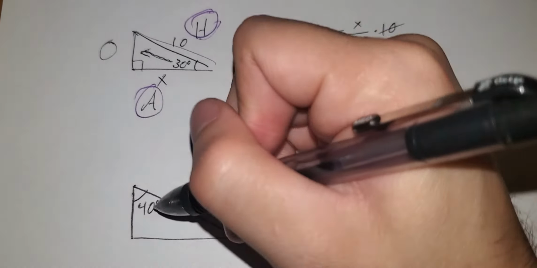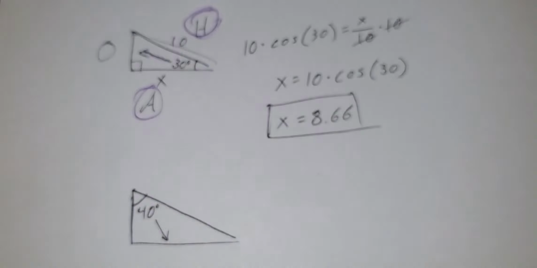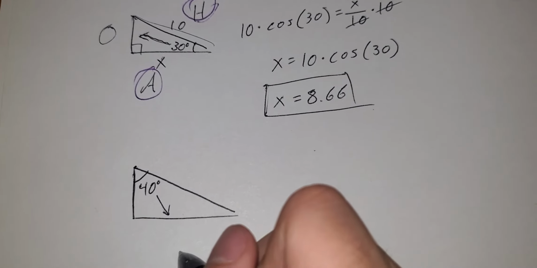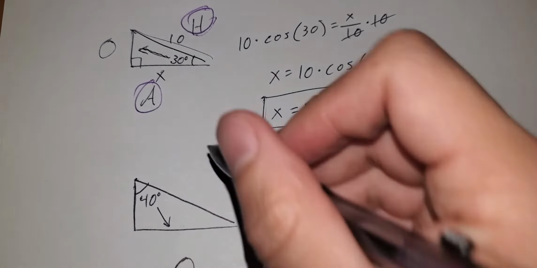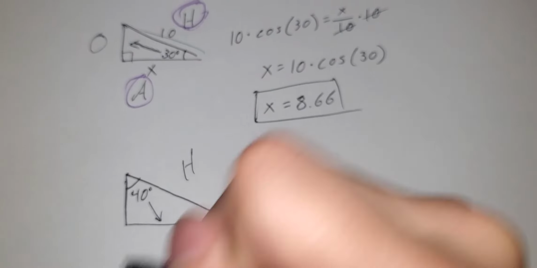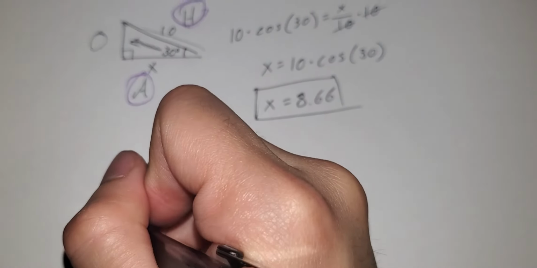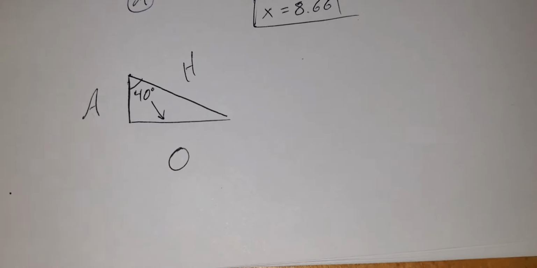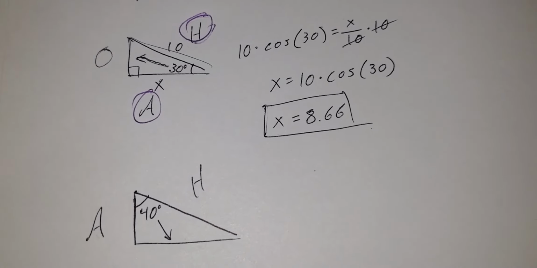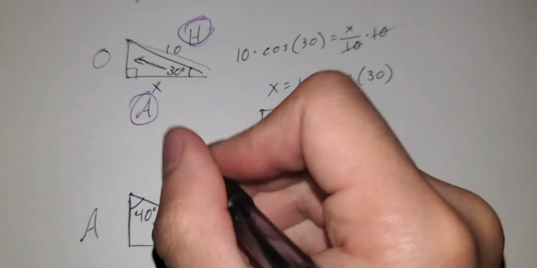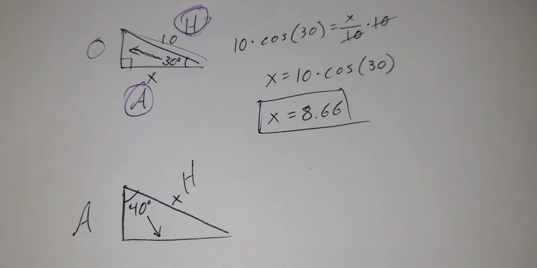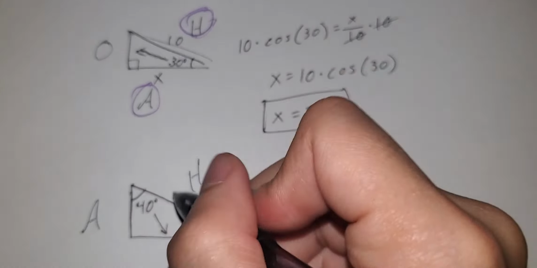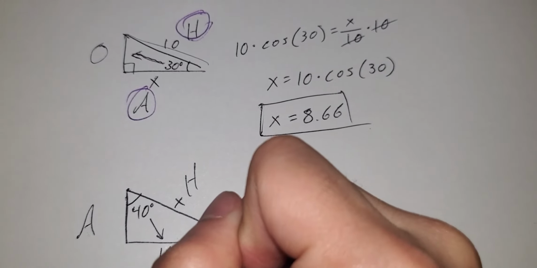From this angle, the side across the triangle is your opposite. This is your hypotenuse, the longest side. So the remaining side has to be the adjacent. Now for this triangle, let's have the value x over here, and 10 to be, this time, the opposite.